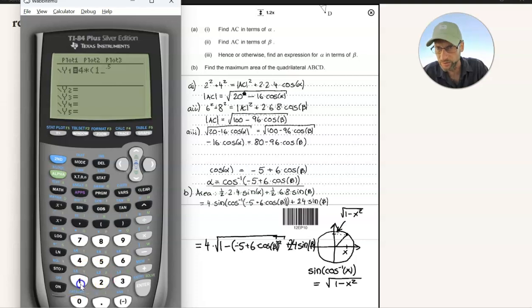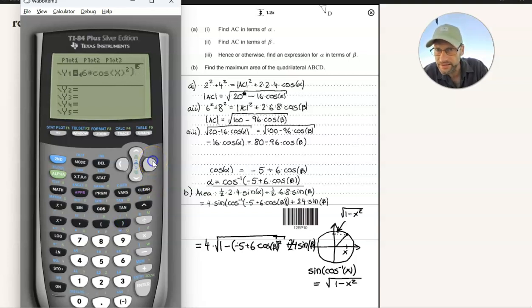And then I focus on writing 1 minus, and then another thing, squared. And then I go inside this bracket and I make sure that, wait a minute, I'm in insert mode. And then this is minus 5 plus 6 times the cosine of my x, end of bracket.